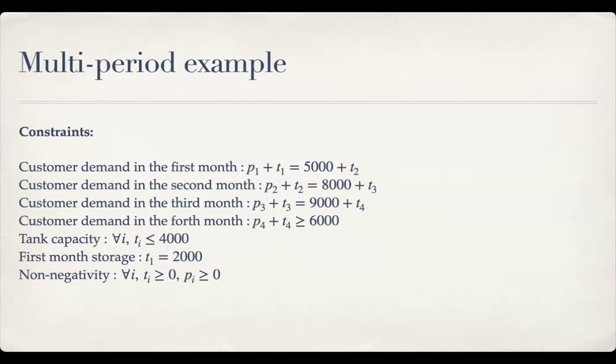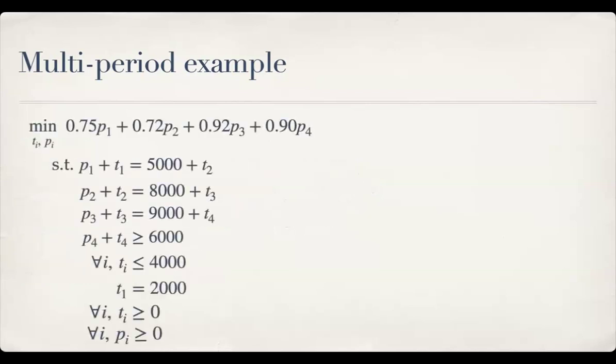Also, we need non-negativity for Ti and Pi. So we combine all these things. We minimize the objective function with decision variables Ti and Pi, subject to all these constraints.